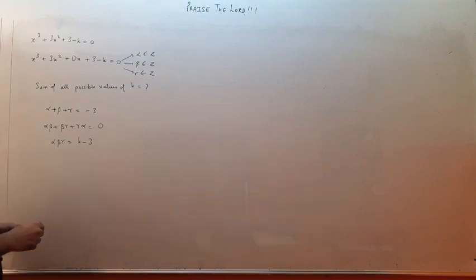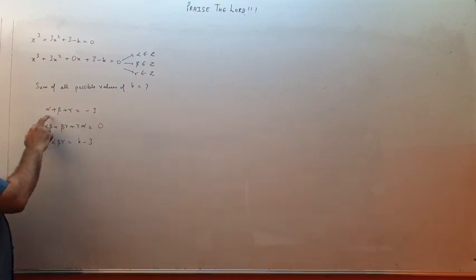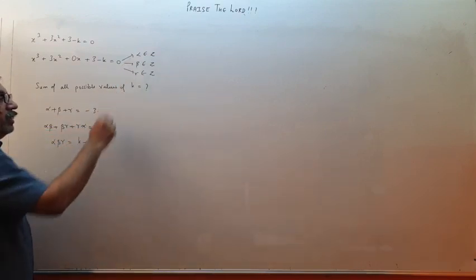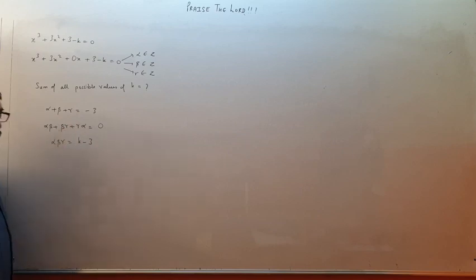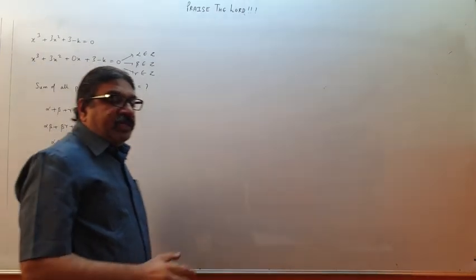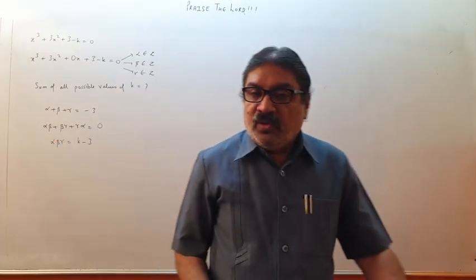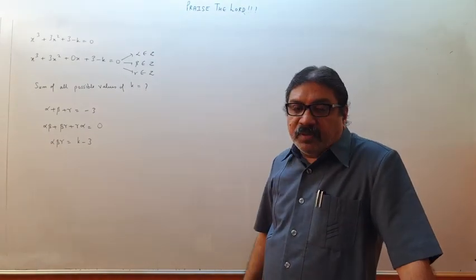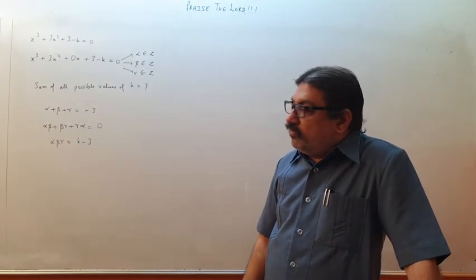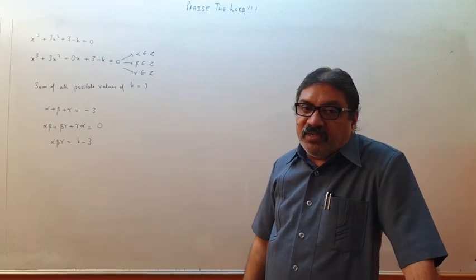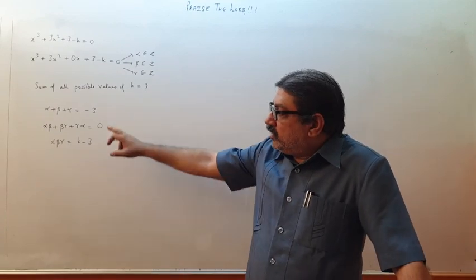Now, to choose integral values of alpha, beta, gamma such that their sum is minus 3 and the sum of products of two at a time is 0, we will have many values. So we cannot go by the method of permutation and combination. We will have to use our common sense and think what integer values of alpha, beta, gamma satisfy both of these equations.